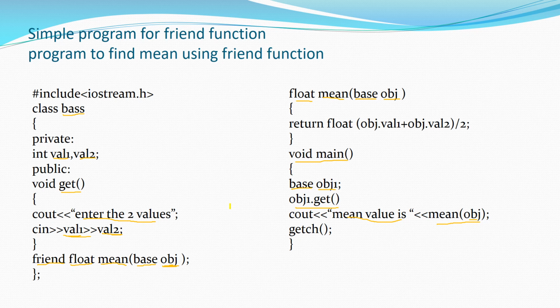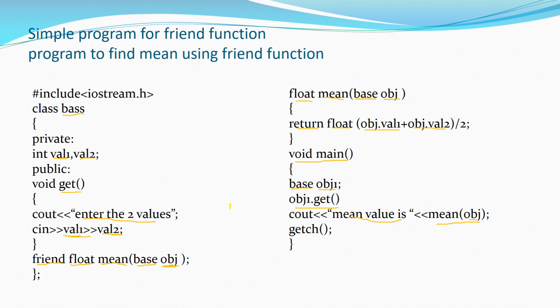Now I'm going to calculate the mean value: return float object dot value 1. I already told you that the object is accessed by the dot operator, so object dot value 1 plus object dot value 2 divided by 2.